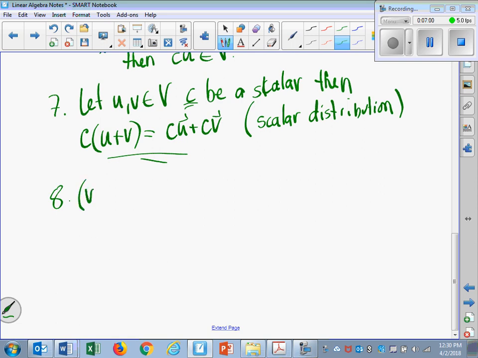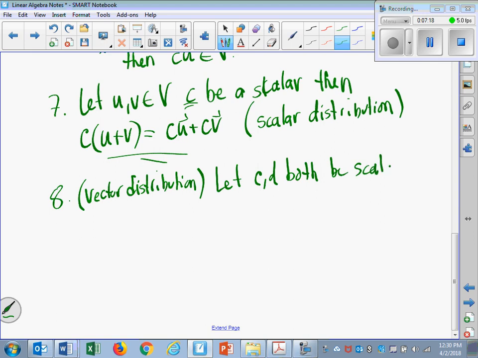So I'm going to say vector distribution. So it's going to look like this. We want to choose 2 scalars this time. So we'll let c and d both be scalars. Then (c + d) times a vector u is the same thing as cu + du.